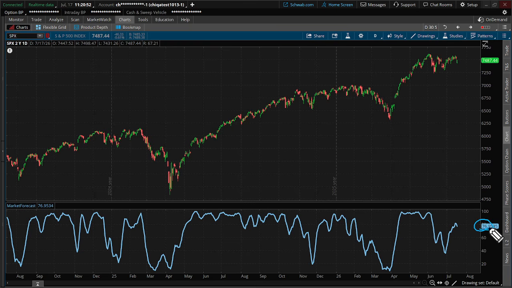So I could put the 80 in, I could put the 20 lines in so you could spot these. And by the way, what I could also do is have the market forecast line flip to red down here, and also red below 80 pointing down, but then also green or blue, whatever color, you could change it, if you are above the 80 level. So that would give you a color-coded view of what is happening as well. But I'm happy to do that in the ThinkScript class coming up this week.